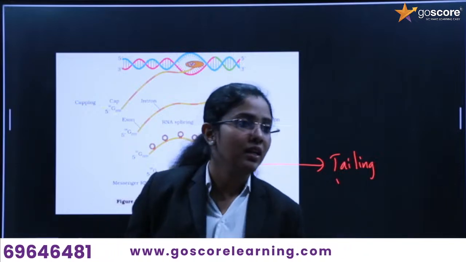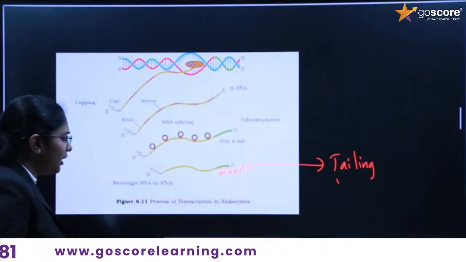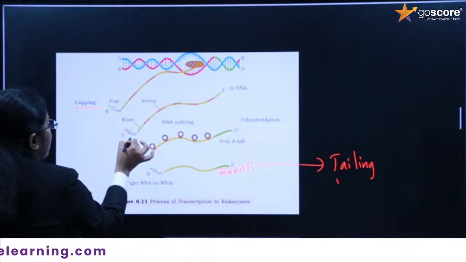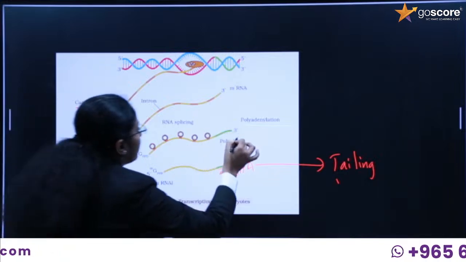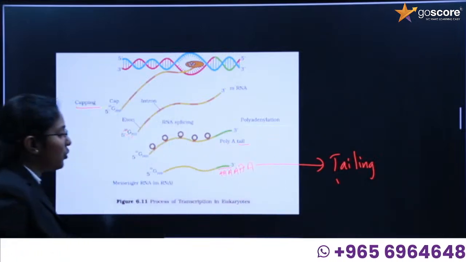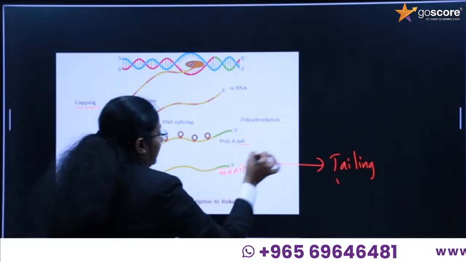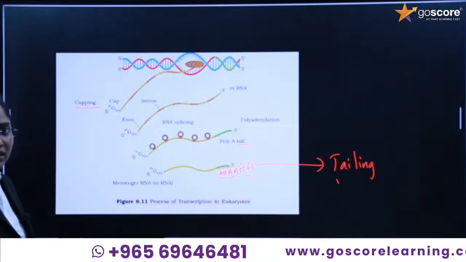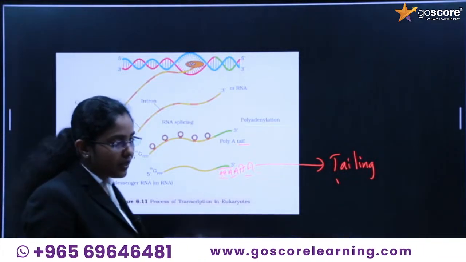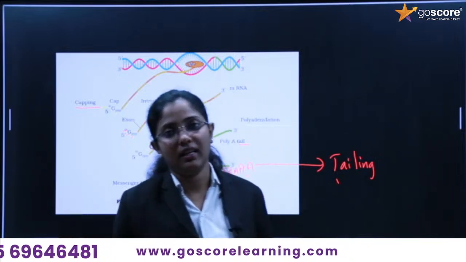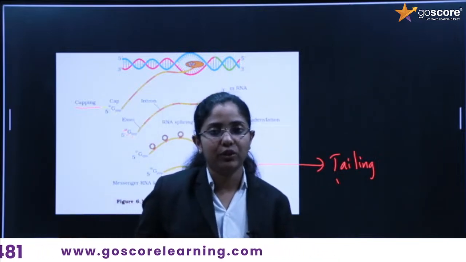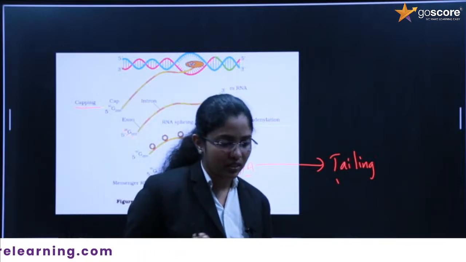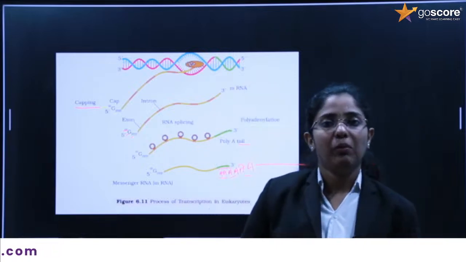Then the second step is capping, the addition of methyl guanosine triphosphate. Then the third step is tailing, which is adding many adenine molecules towards the 3' end. So now it is protected. Now it has a cap and a tail, so it can safely move into the cytoplasm. Once it reaches the cytoplasm, translation will occur.